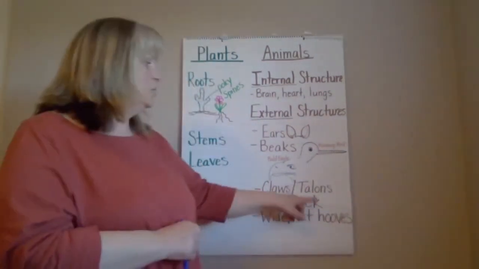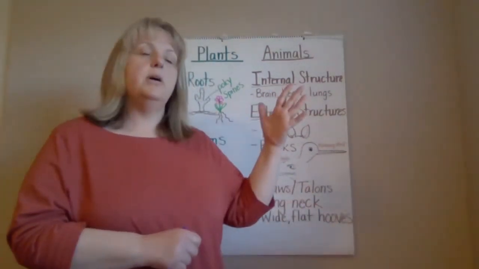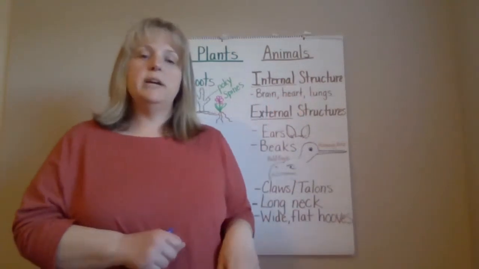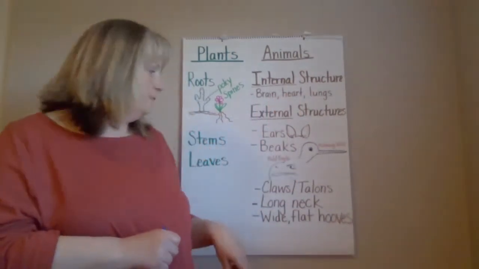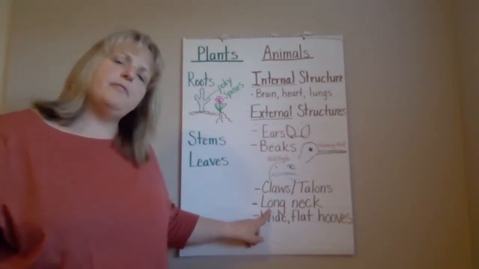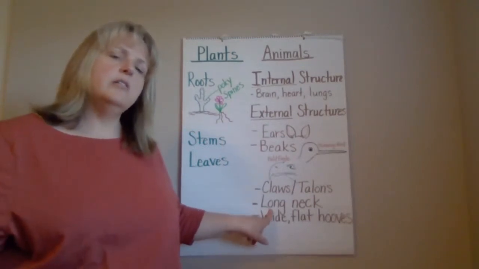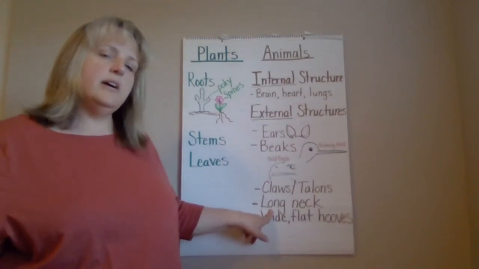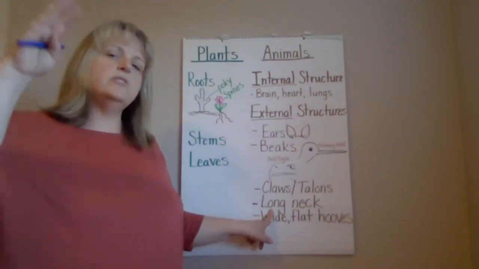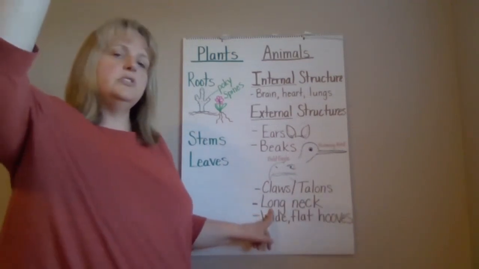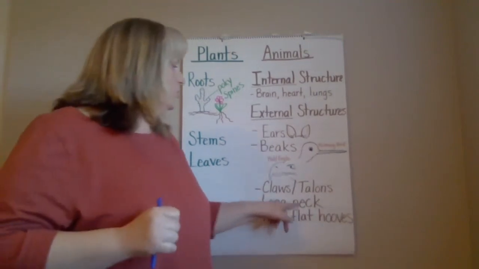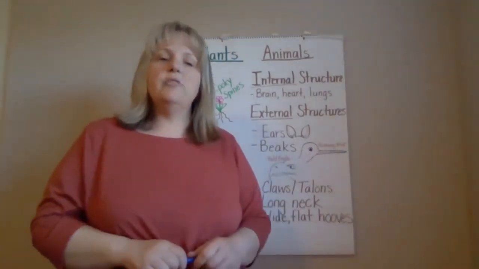And so their claws would allow them to climb up into the branches where they find the majority of their food. Think about a giraffe. Why does a giraffe have such a long neck? Probably because it eats those leaves so high up into the trees, it allows them to reach those leaves that are their food.